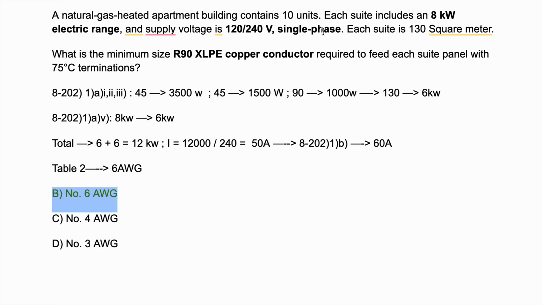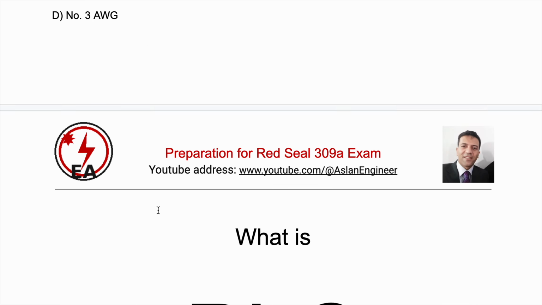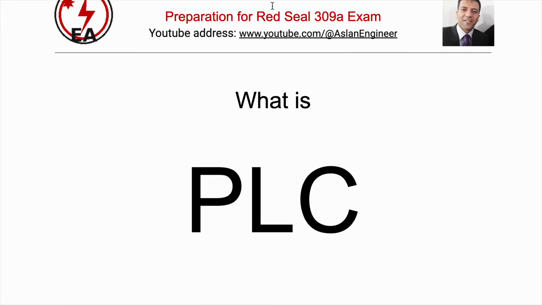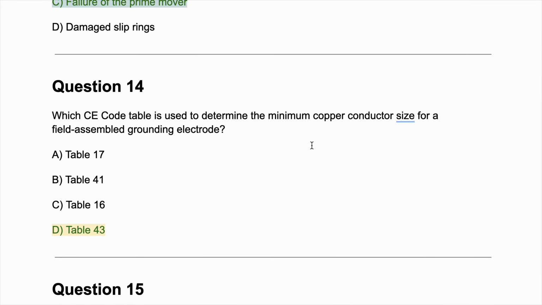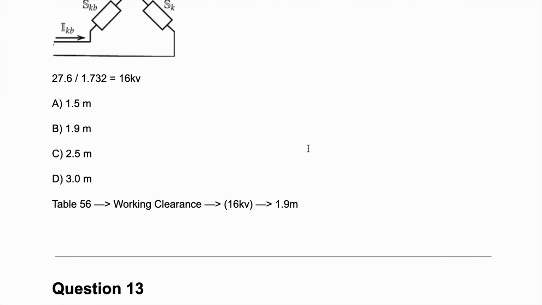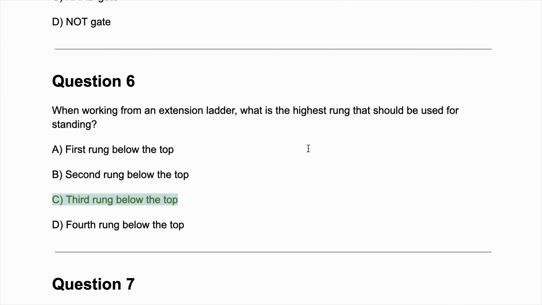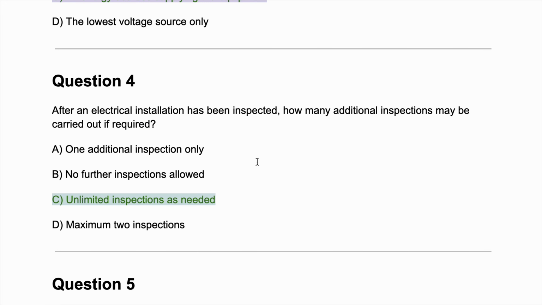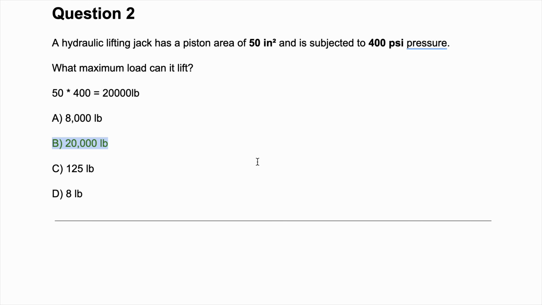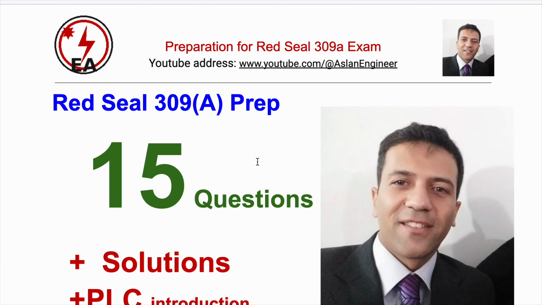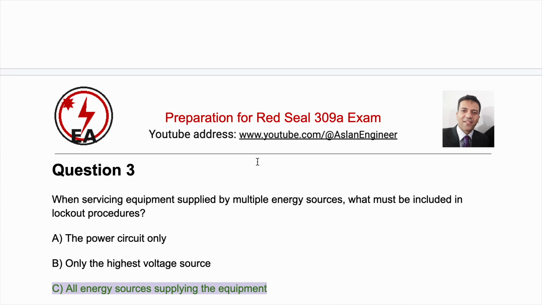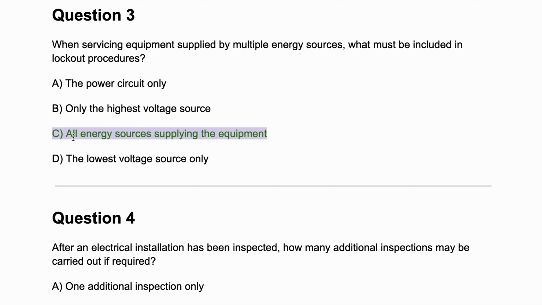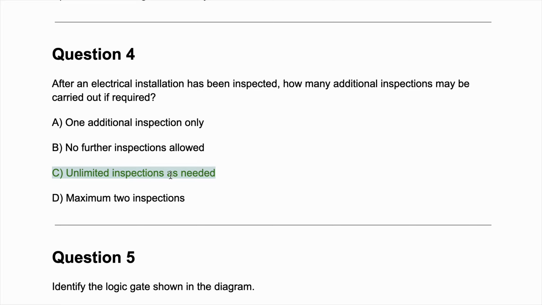And that's it. I hope that these questions, most of them, were general rules, general knowledge. You need to know about some electricity phenomenons, and these can help you pass your exam, because there are questions like: all energy sources supply need to be cut, or unlimited inspection as needed.